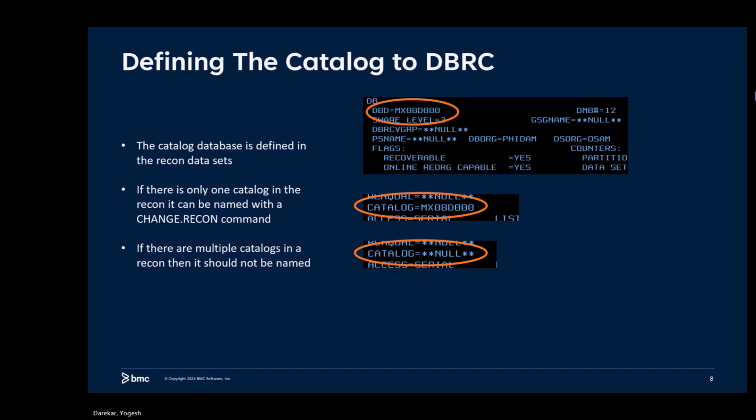You can define multiple catalog databases in DBRC, but if there is only one, then you can use the CHANGE.RECON command. If there are multiple catalogs, then it should not be named. Next slide, please.